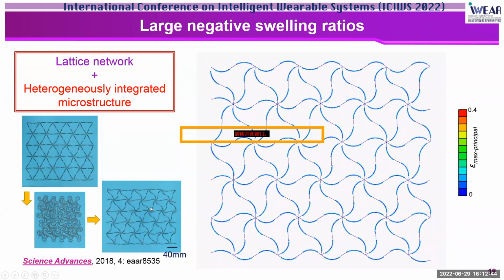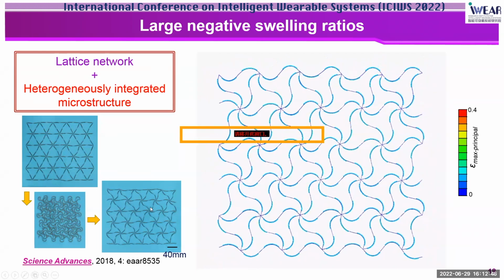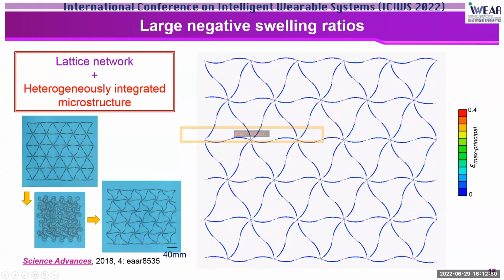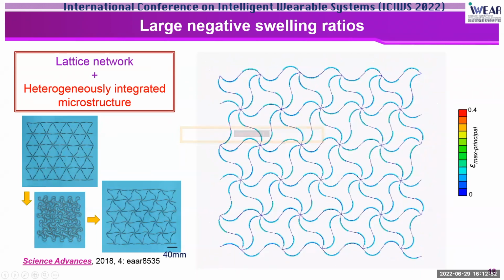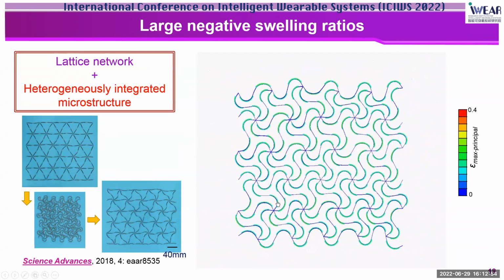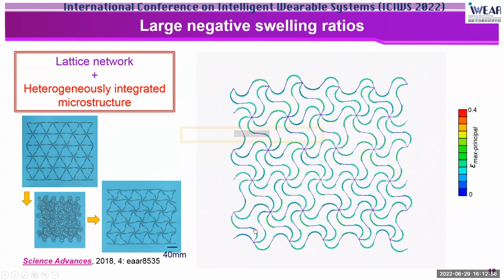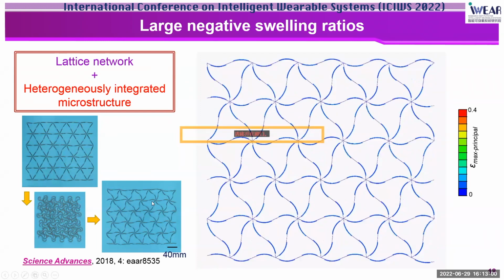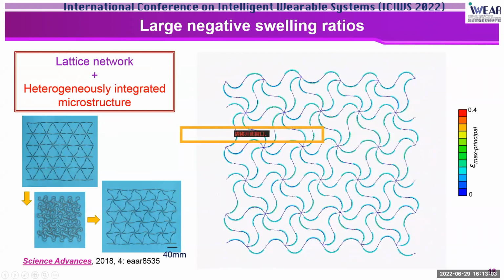And this corresponds to around 70% area reduction of the entire network, which is unachievable previously. Additionally, the network also almost recovers to the initial state after dehydration, indicating a very good reversibility of the deformation.